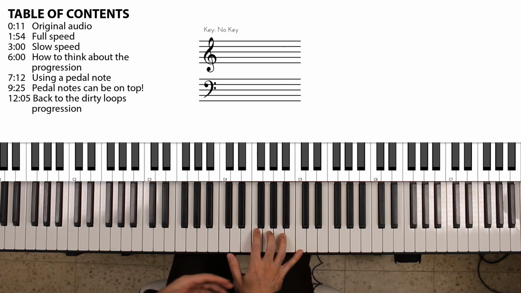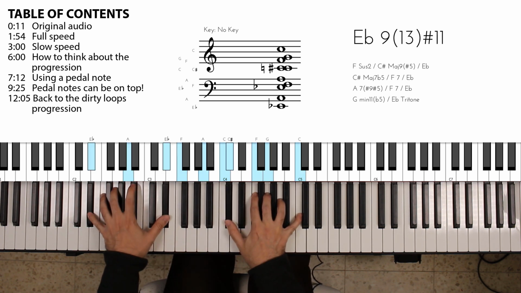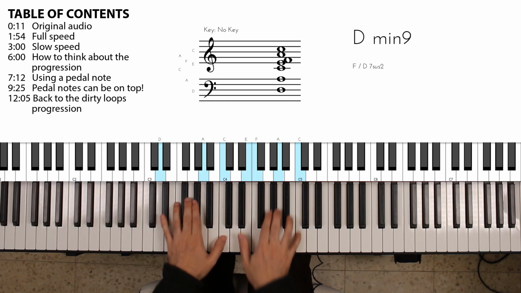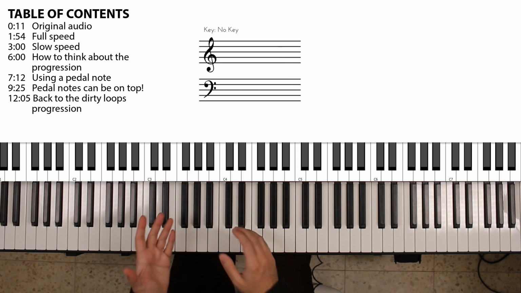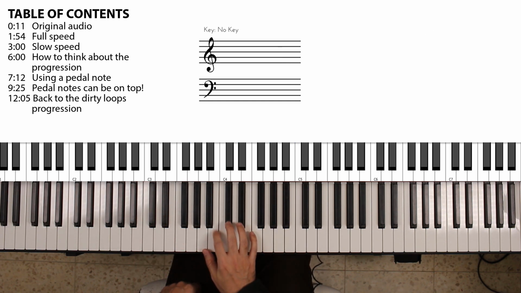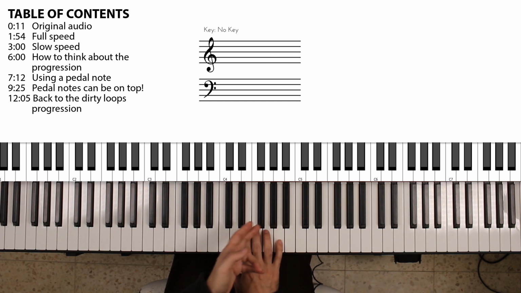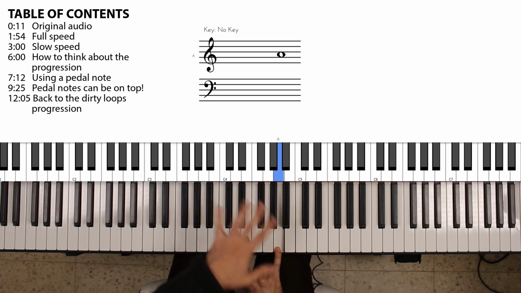So, even if he didn't call this a pedal point, he still sort of explained a similar thing. His original progression, which I played, was in the key of A. And he kept this A note up here fairly constant between the chord progression.